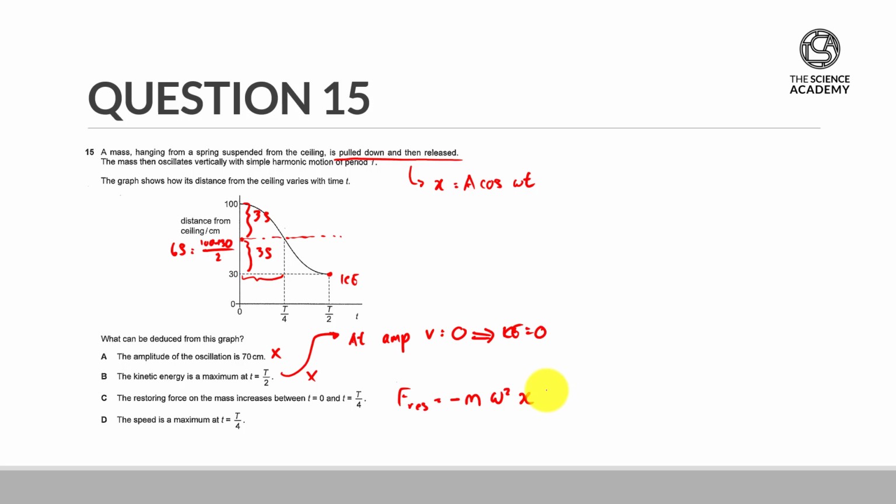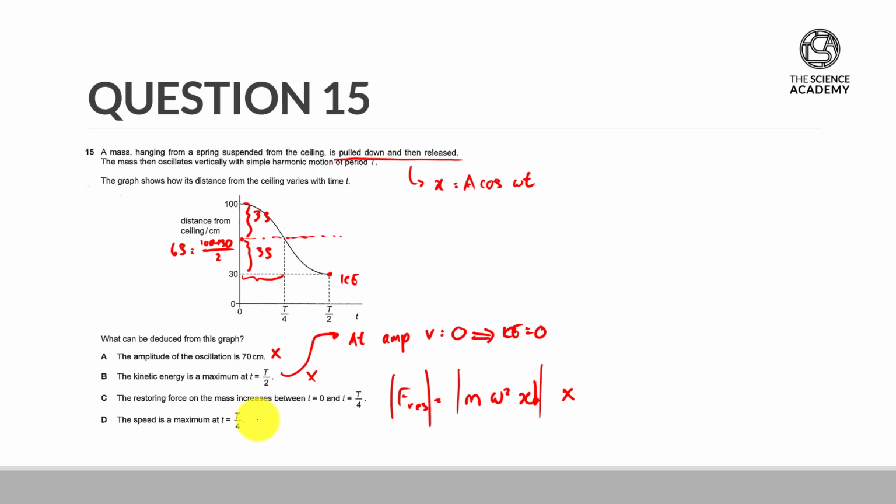Now, if you are only interested in the magnitude of the restoring force, we can ignore the negative sign. And basically, we can see that as the object approaches the equilibrium position, x is going to decrease. So because x is decreasing and F is directly proportional to the displacement of the spring mass system, C is also going to be out.